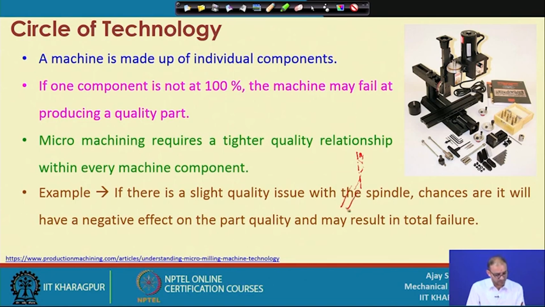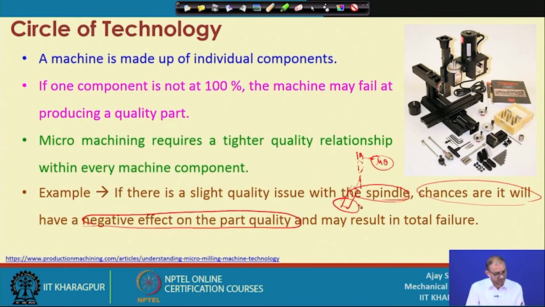So, whatever tool you are putting here, even if it is a few micron degree or micron radius only, that is enough to bend your tool or not get the required result, and ultimately your tool will be broken. Those are the quality issues, and they will have a negative effect on the part.